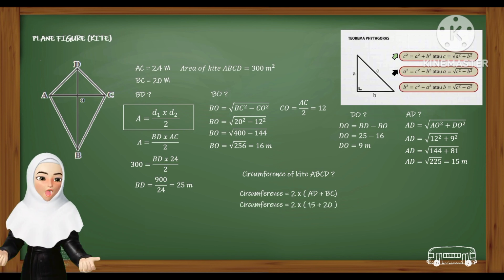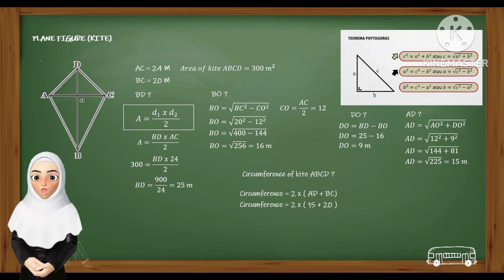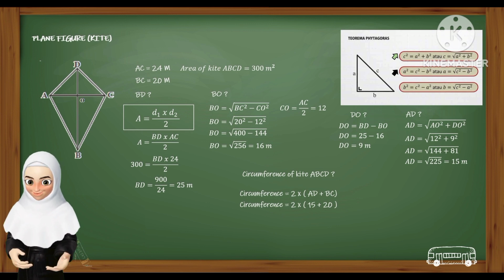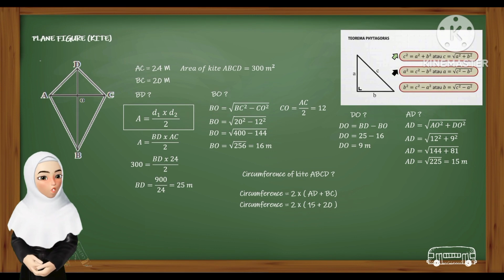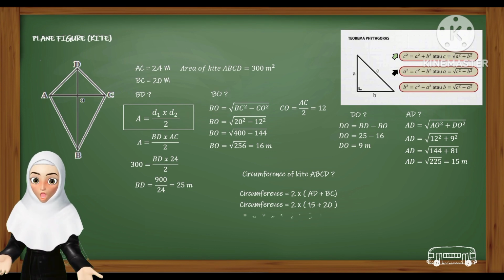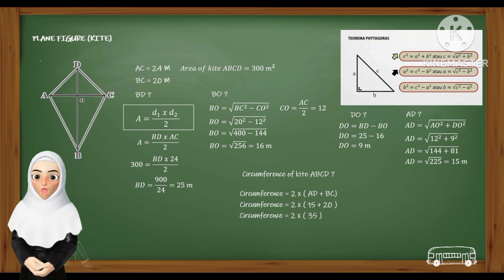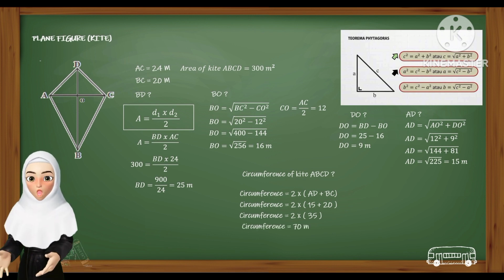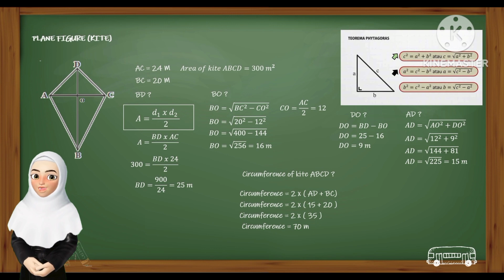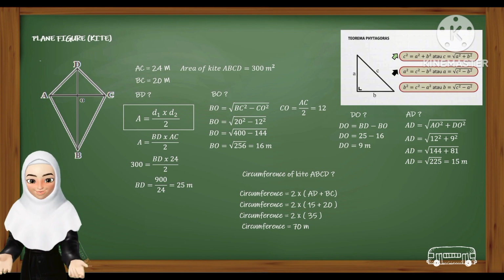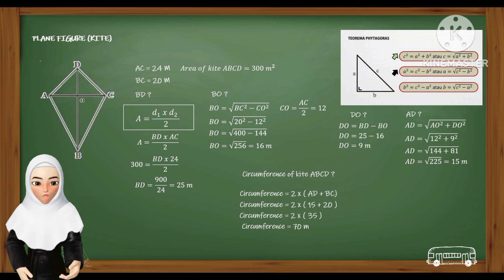The length of side AD is 15 meters and the length of side BC is 20 meters. So the circumference of the kite is 2 times 35, which is equal to 70 meters. As a result of this problem, the distance traveled by my younger brother is 70 meters.